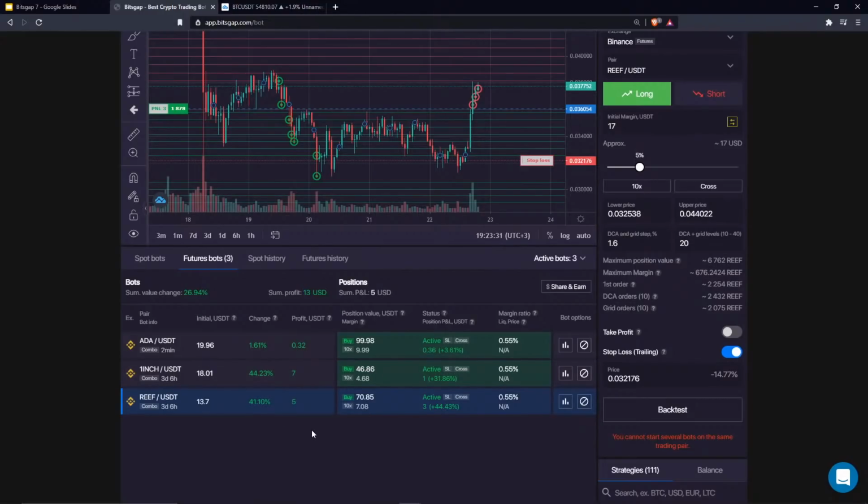So that's the thing about initial value change relative to initial value. And on the right side here, you have the information about your current market exposure.